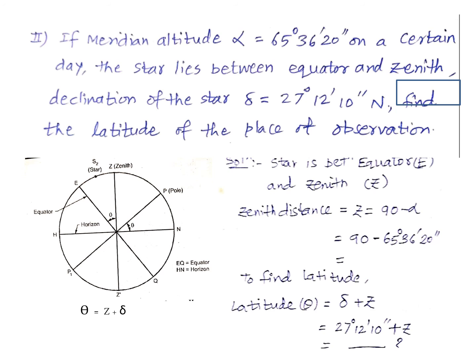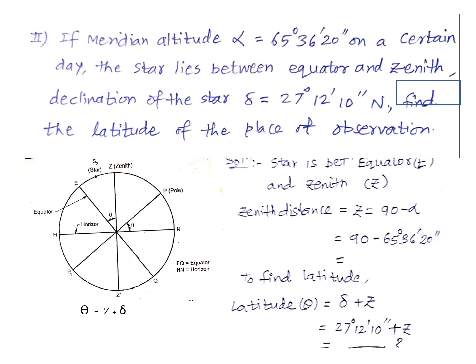To find the latitude, theta is equal to delta plus Z. The delta value is given as 27 degrees north. Where is the north? This entire region is your north. It doesn't mean towards the north; north means in the northern hemisphere. So 27 degrees 12 minutes 10 seconds is your delta value.